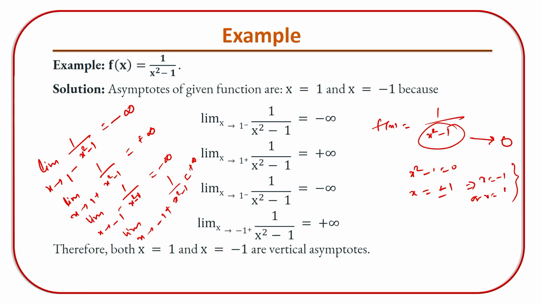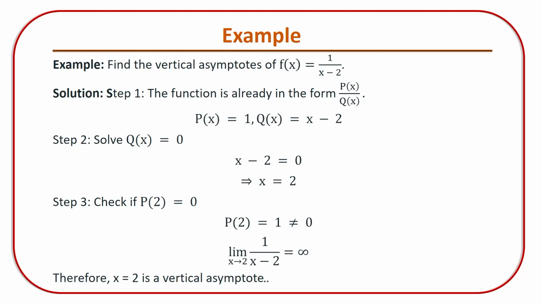So for both straight lines, from right and left, the limit tends to infinity, and henceforth the vertical asymptotes are true, and x equal to 1 as well as x equal to minus 1 will be our vertical asymptotes. Now find the vertical asymptotes of 1 by x minus 2.